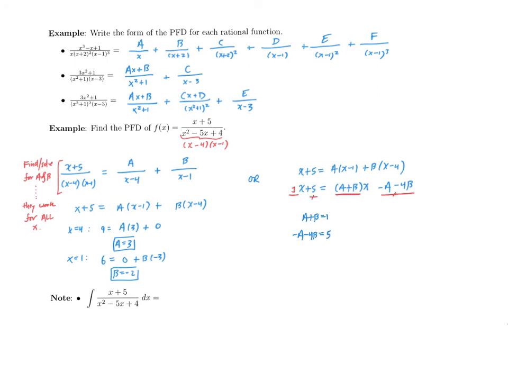And that gives us a system of two equations and two unknowns. Which you can solve to determine A and B, and you would not surprisingly find A is 3, B is minus 2.